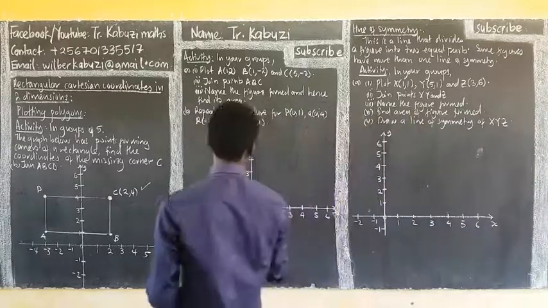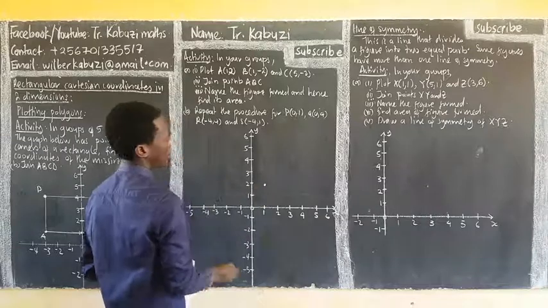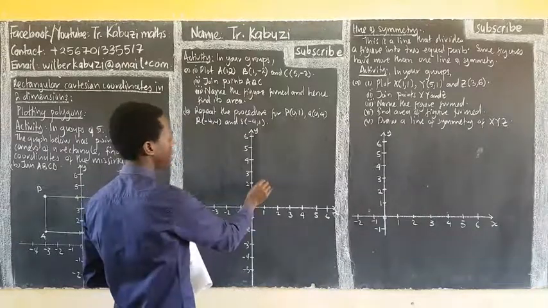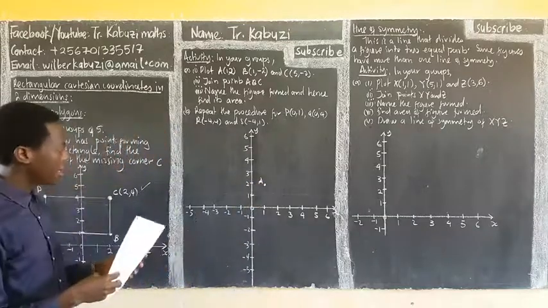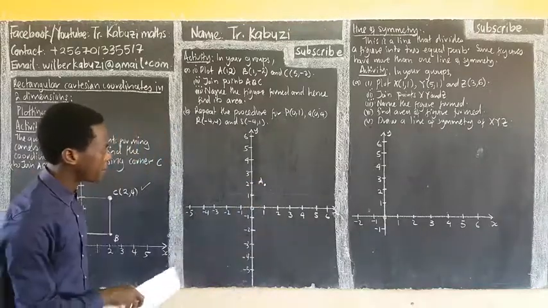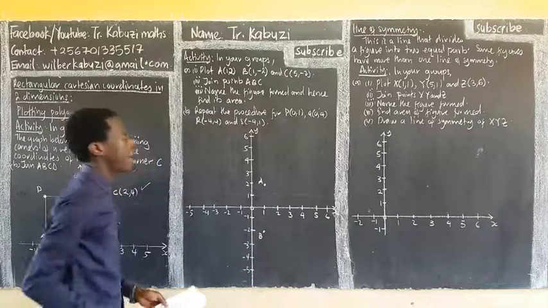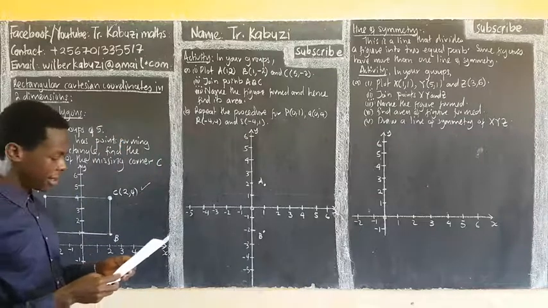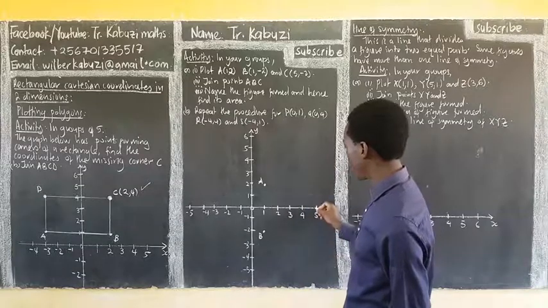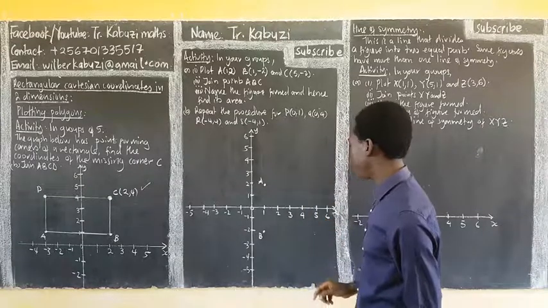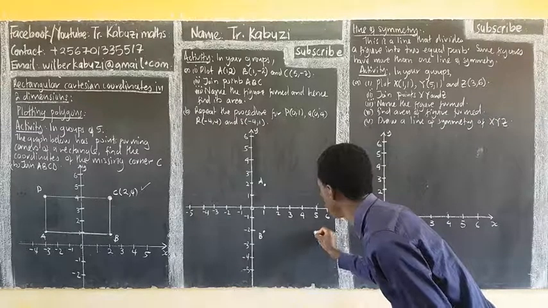So A, which is 1, 2, they have this as A. Then they have B here. And then they have their C here, which is 5, negative 2. Yes, they did it right.